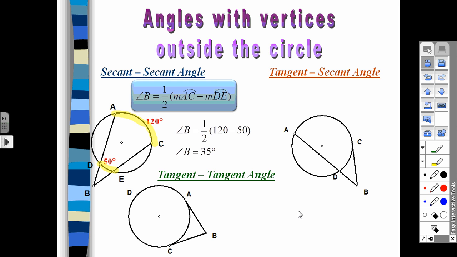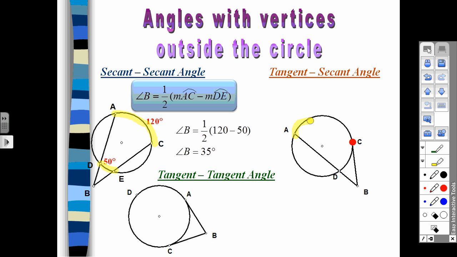Okay? Now, the tangent secant angle is going to follow the same idea. It's just that the arcs that are created are a little different. So here's our secant right here, which cuts through the circle. But then our tangent, remember, only intersects the circle at one point, so it's not going to cut through and create this other arc on the other side. But what you got to think about, this point right there, that point of tangency, you're going to break that up into 2 arcs.